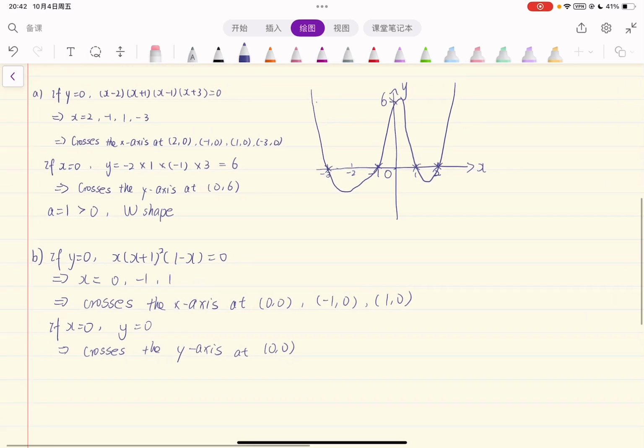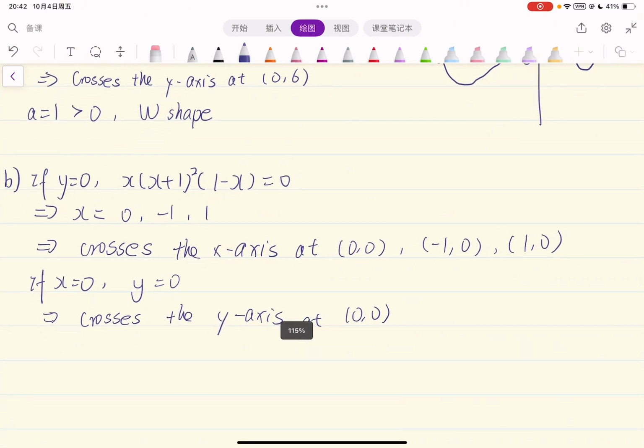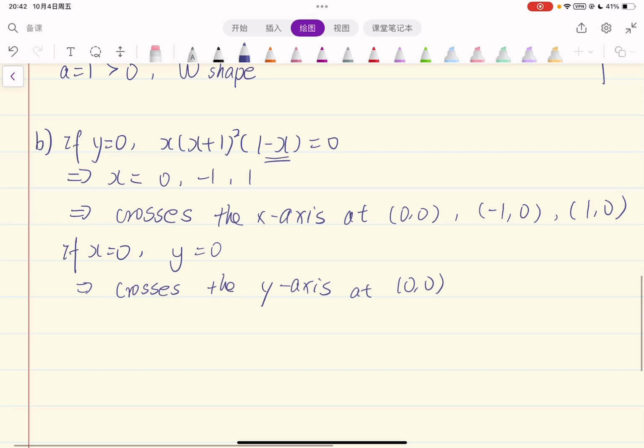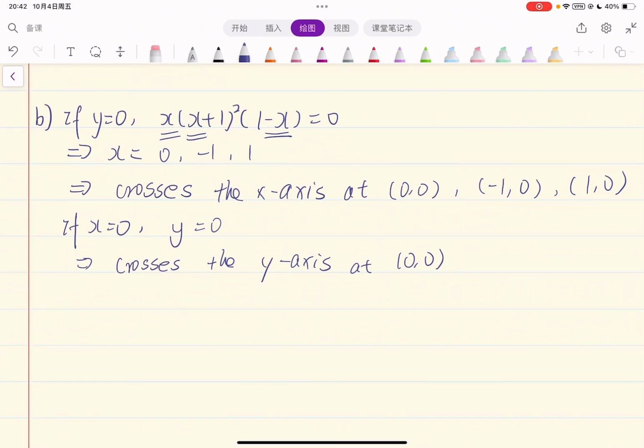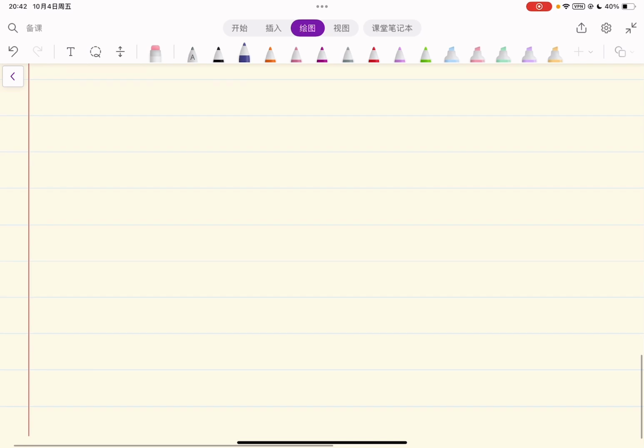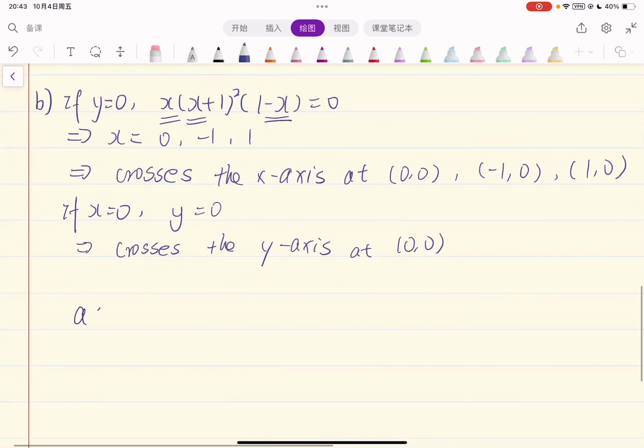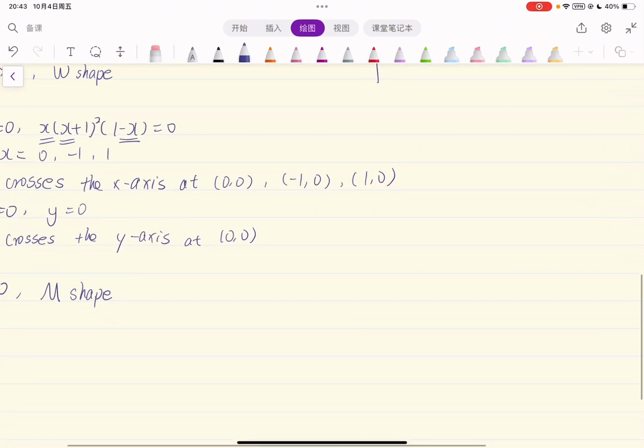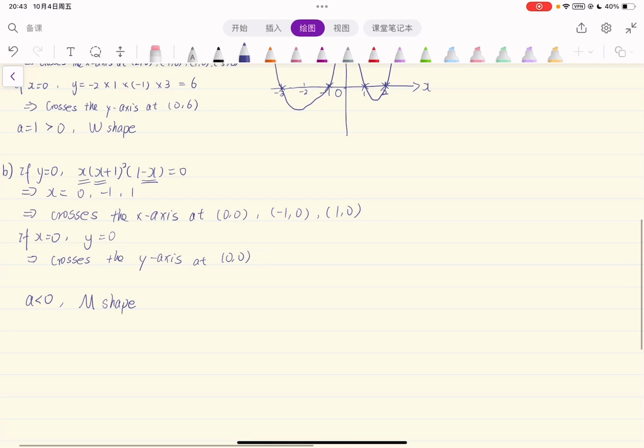And you can see that here is minus x, and then x squared, and then another x, so the coefficient of x to the power 4 is minus 1, which means a is less than 0, so it has the M shape. Then we can sketch that.